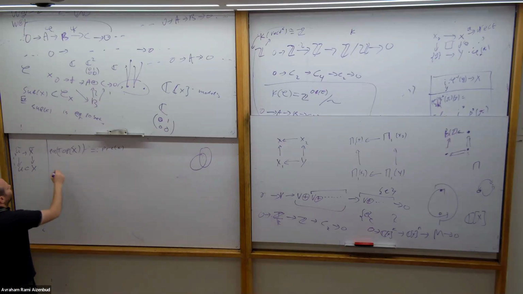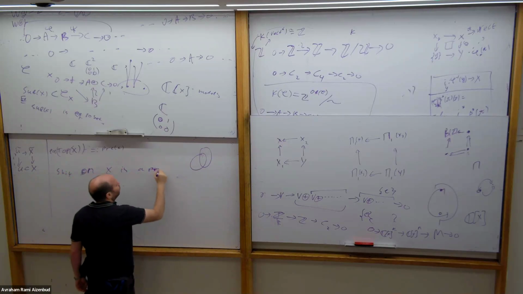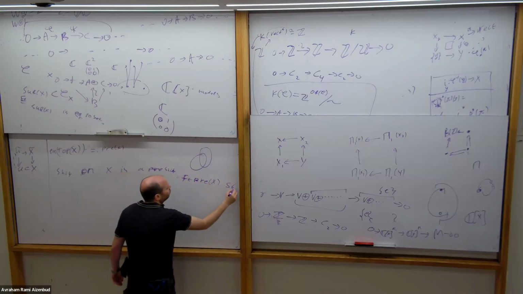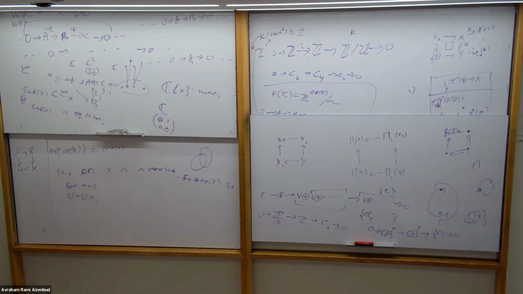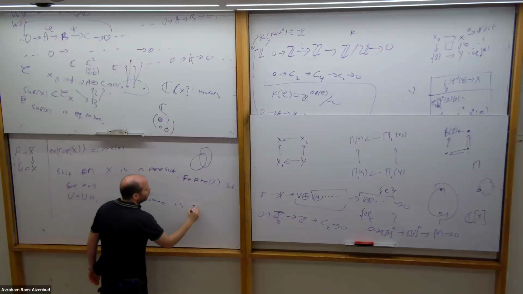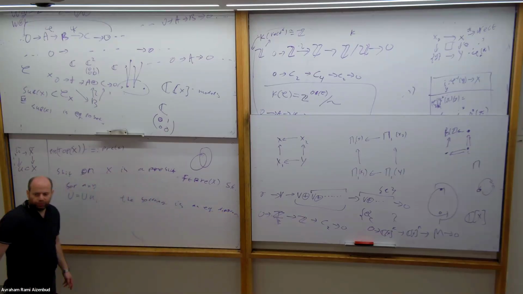So what is the sheaf condition? A sheaf F on X is a presheaf such that for any open cover U = union of U_i, the following is an equalizer diagram.